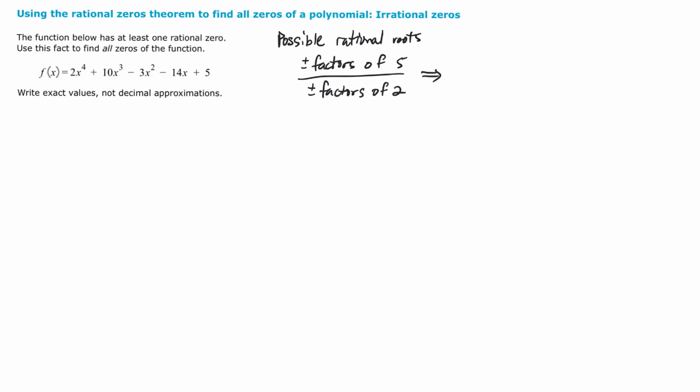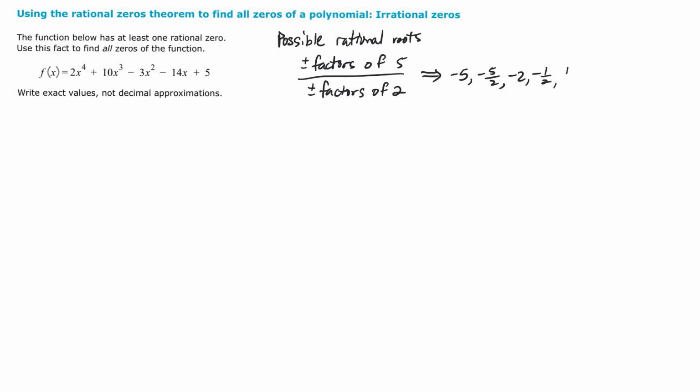Let's see. Well, we could have -5, -5 halves, -2, -1/2. What else could we have? Certainly could have +1/2.